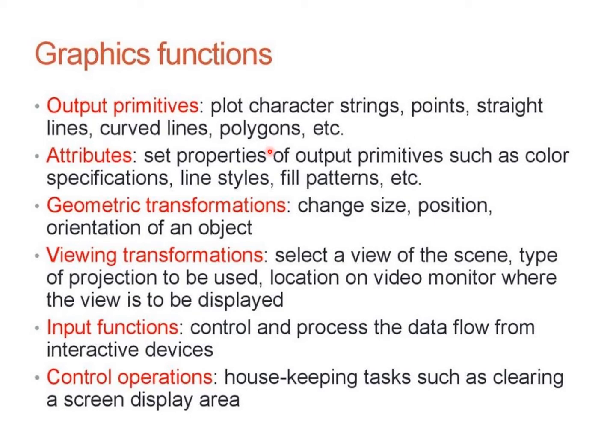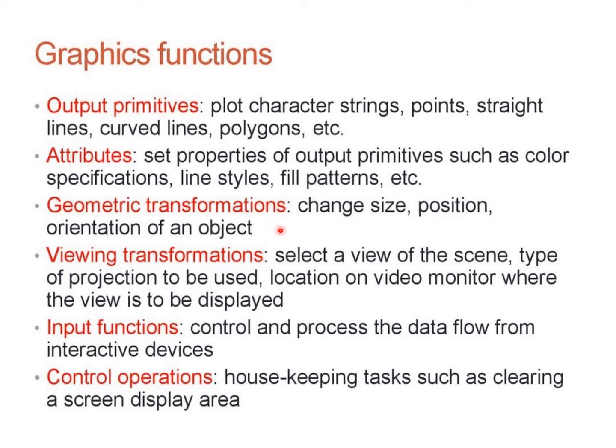For that object we add attributes like colors, line styles, or filling of patterns, meaning we fill any color or pattern, or any type of image on that object. All these come under the attributes.